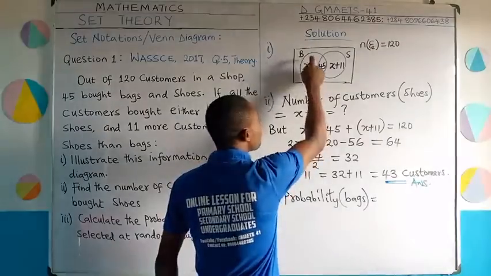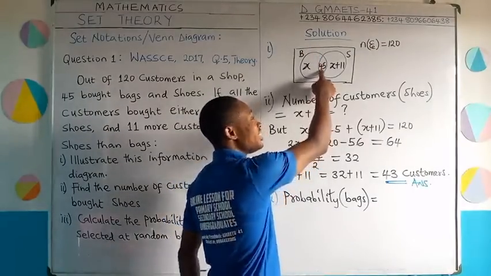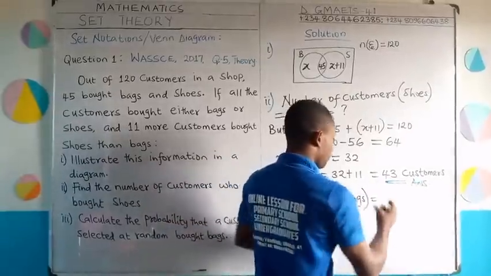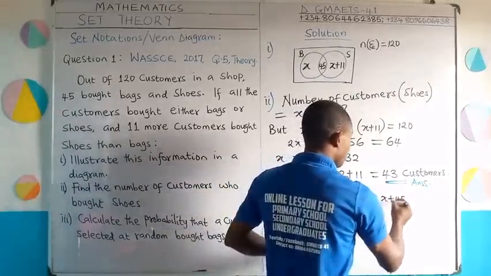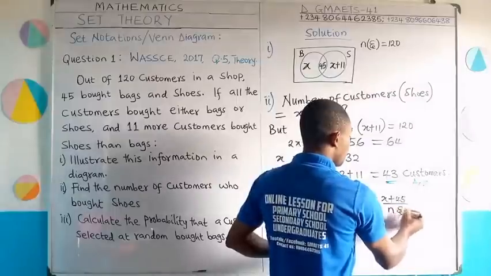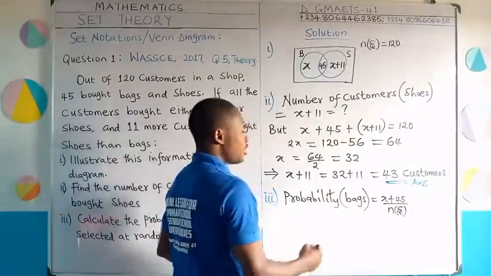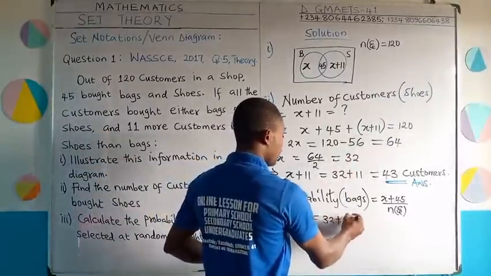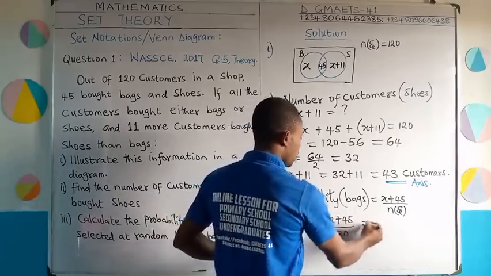Then remember that some customers who bought bags also appeared in this intersection, 45. Therefore, that is going to be X plus 45, divided by the total, which is the cardinality of the universal set. And if you work this out, our X is 32. That's going to be 32 plus 45 divided by 120.